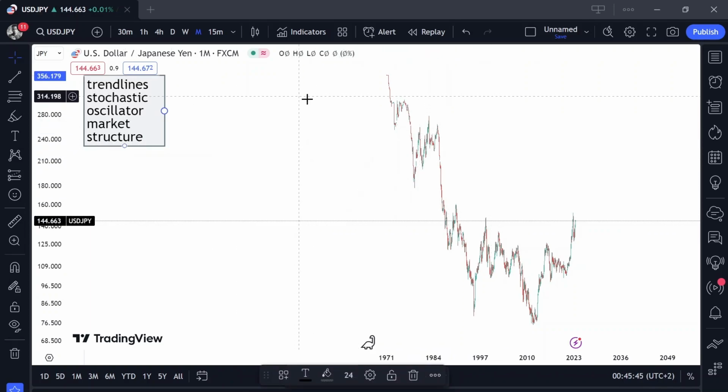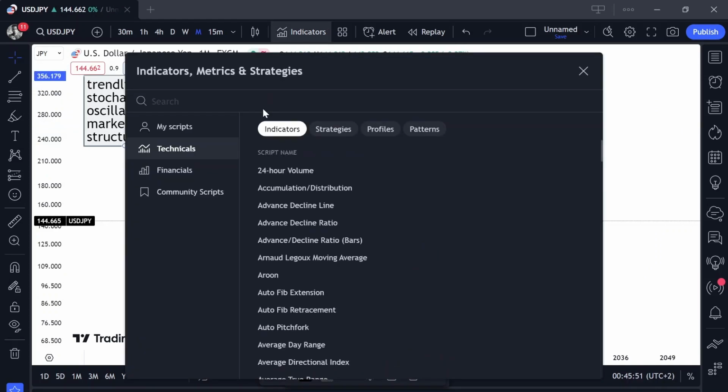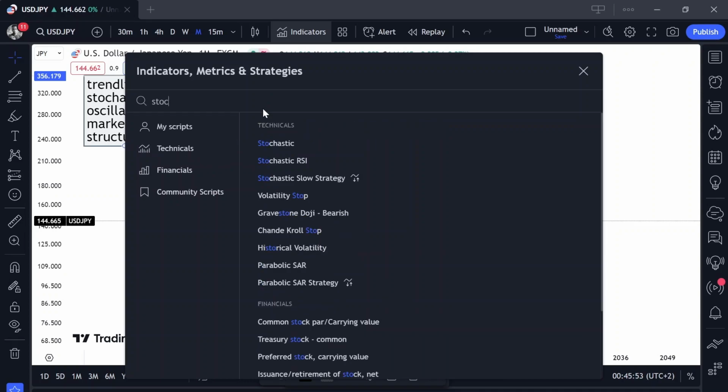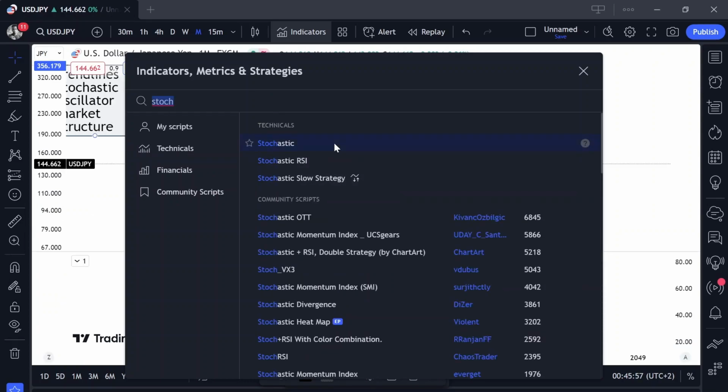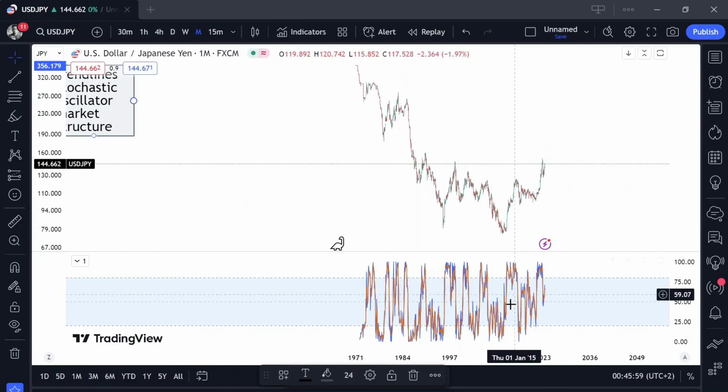Let me start by putting my stochastic oscillator first. You just go to indicators, then you write stochastic, then you click on stochastic. So basically this is my stochastic here. A stochastic oscillator is just an indicator which shows me when to buy or when to sell.